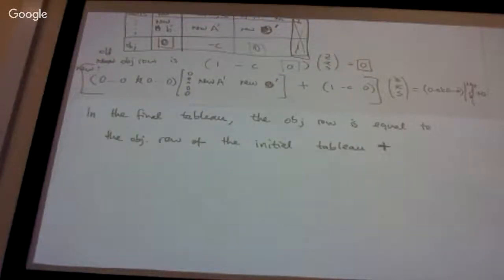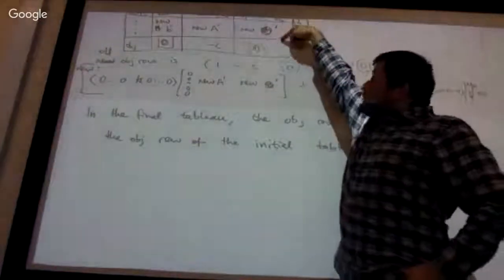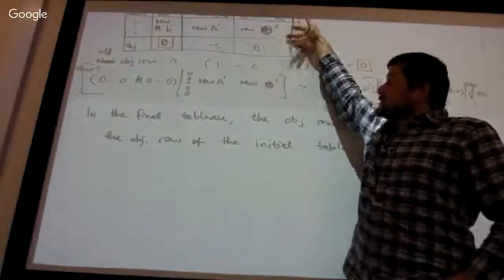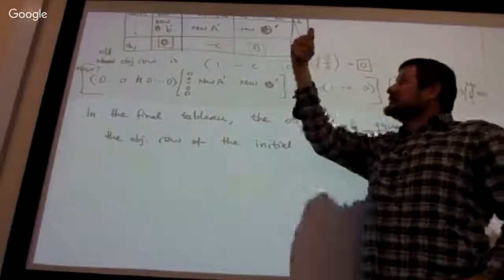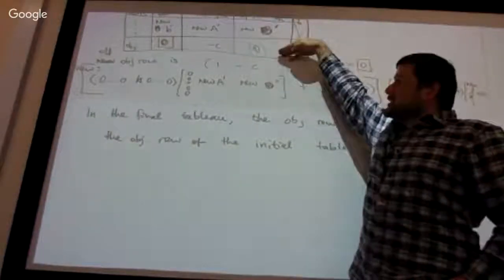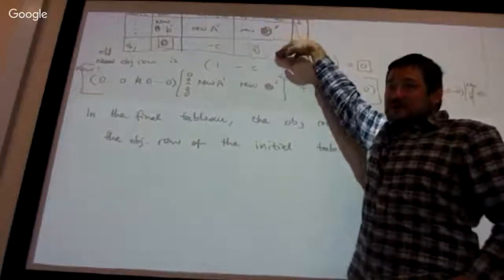Because I've been adding multiple of this row and a multiple of this row and a multiple of this row, and these rows were changing, but they were not changing to anything at all. They were only changing to linear combinations of the original rows. So when you think about it, what are the rows at the top here? Well, there's some combinations of the original rows, okay? And I just take the multiples so I can work it out backwards and see what number I need to multiply each of them with to get this, what I added to it.